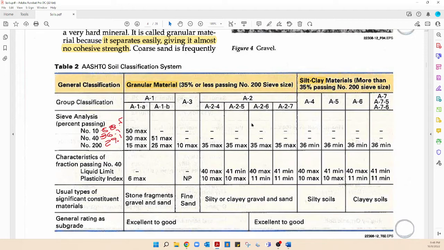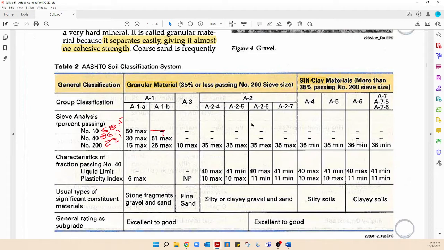So we can't do it here. The max for the number 10 sieve is 50, so we have to go over and go down. So that puts us at the number 40 sieve.